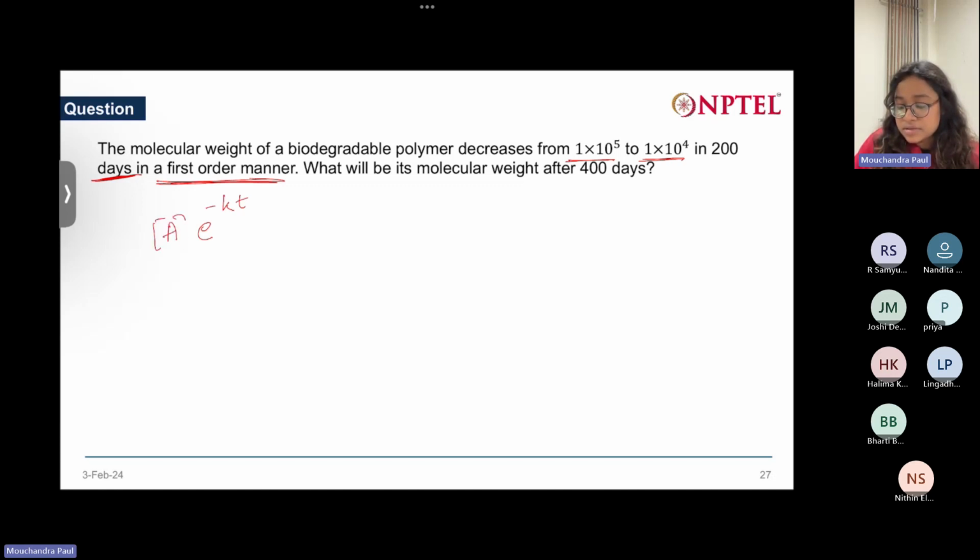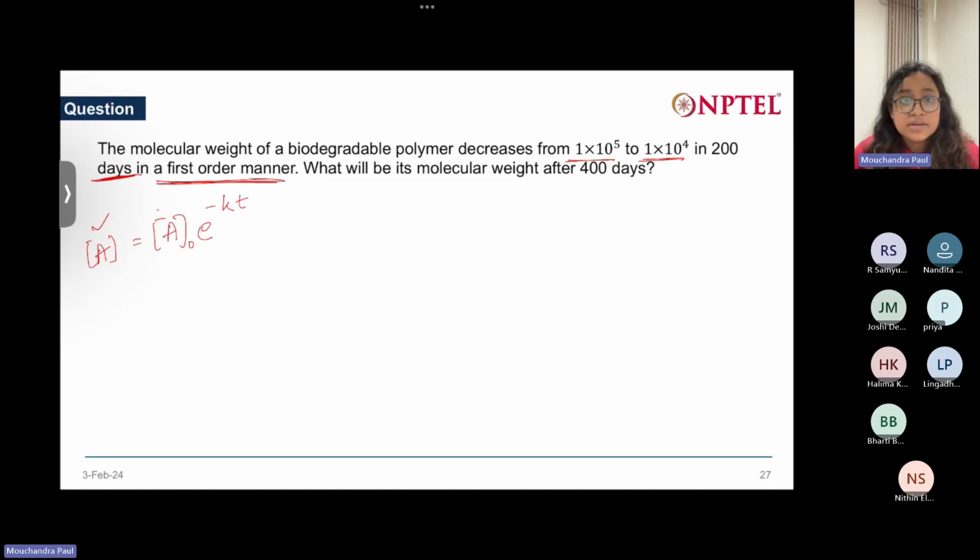There was final concentration and initial concentration. So this is how we used to write the kinetics of a first order reaction. A is the final concentration, A naught is the initial concentration of the reactant, k was the rate constant, and t is the time over which we are observing this reaction.